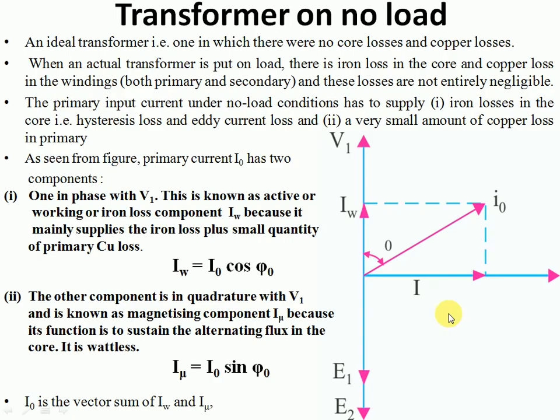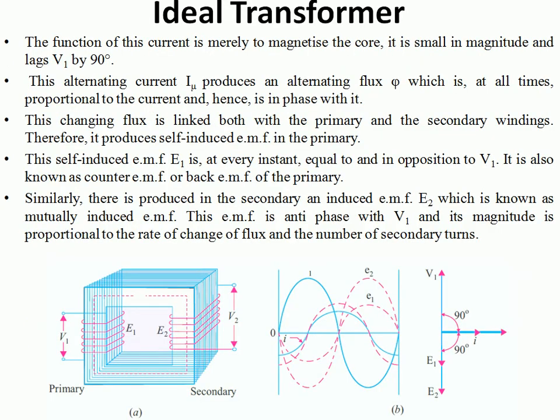As we have already seen the transformer on no load vector diagram, here this line will be indicating the direction of flux, and the induced EMFs are shown here, E1, E2, and this is the supply voltage, and I0 current is also indicated here. You have seen this vector diagram. This indicates the direction of flux, and the induced EMFs E1, E2 will be lagging the flux by 90 degrees.